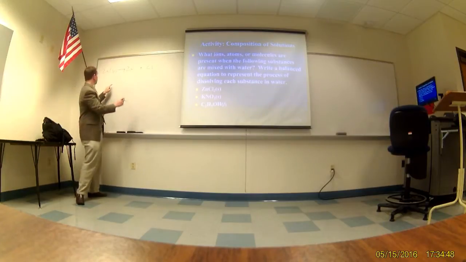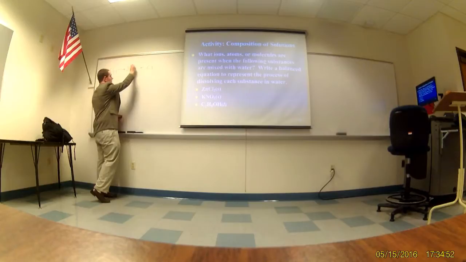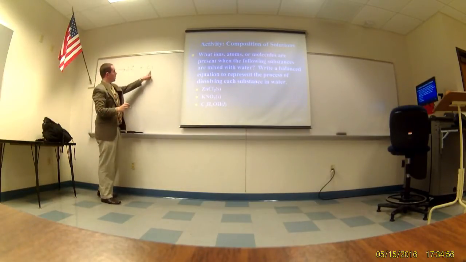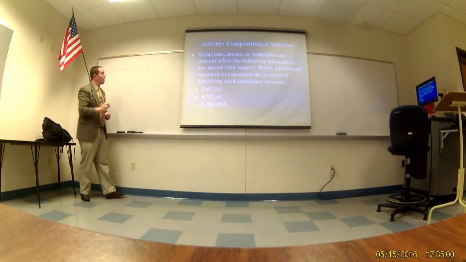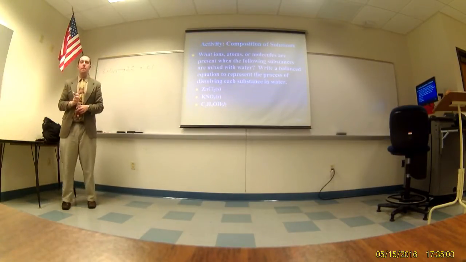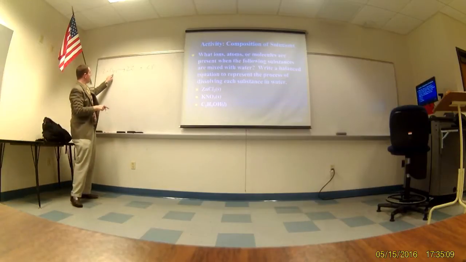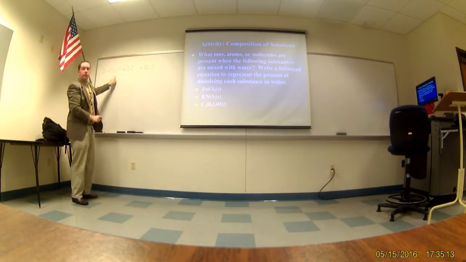I need to add charges. So what is the charge on the zinc? Positive 2. What's the charge on the chlorine? Negative 1. Anything else that I need to do? Balance. I need to balance it. I have 2 chlorines here, so I'm going to get 2 of those.